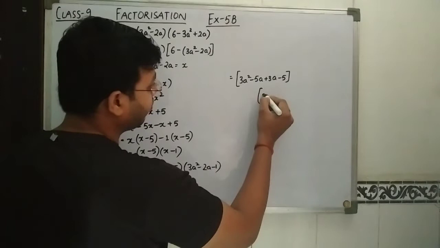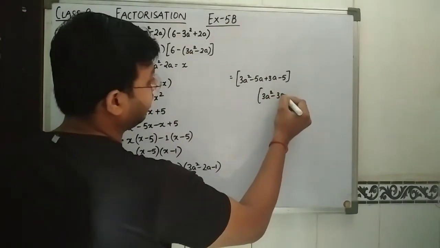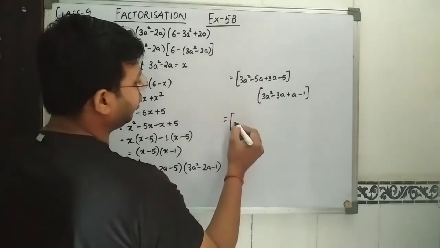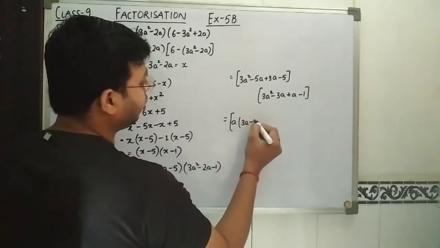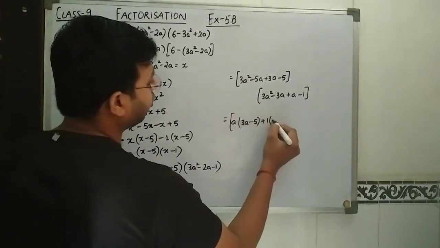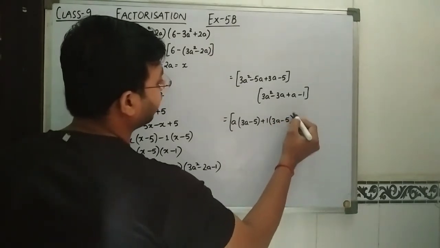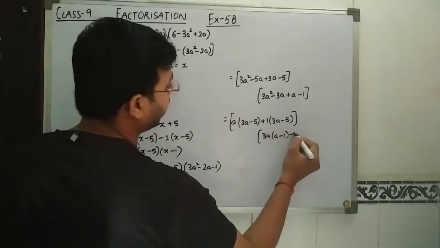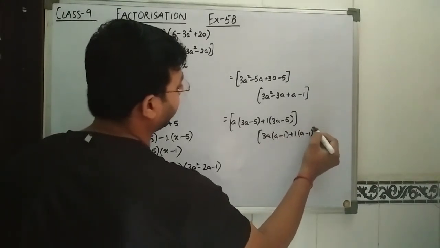So 3 and 1: 3a square minus 3a plus a minus 1. Now in the first bracket, in the first two terms, a is common, so a(3a minus 5), then 1 is common, so 3a minus 5. In the second bracket, 3a is common, so 3a(a minus 1), then plus 1 is common, so a minus 1 again.